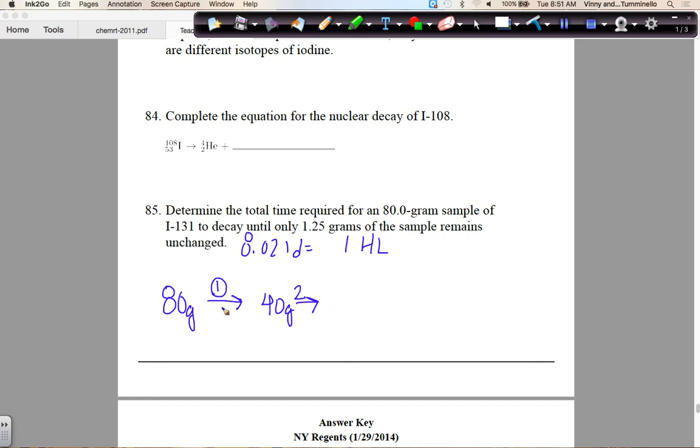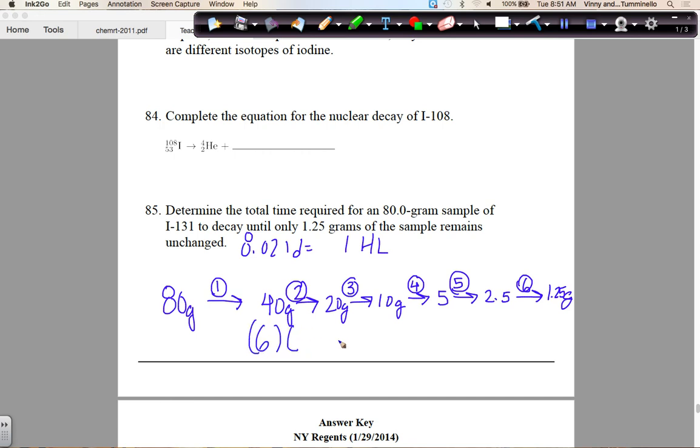After the first half-life, it goes to 40. After the second half-life, it goes to 20. After the third half-life, it goes down to 10 grams. After the fourth, it goes down to 5 grams. After the fifth, it goes down to 2.5 grams. And after the sixth half-life, it goes down to 1.25 grams.